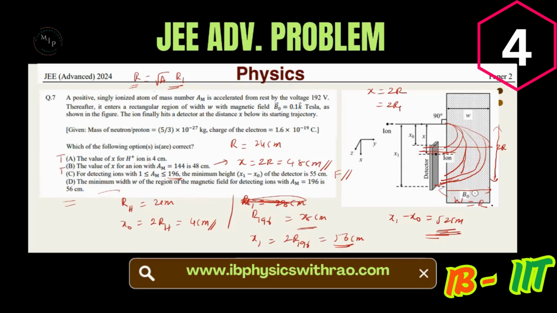See, if you have this width equal to 28 centimeter, that is more than sufficient. You need not have it equal to such a long one, which is 56 centimeter. He is saying that the width should be 56 centimeter, that's not required over here. So the minimum width required here is only 28 centimeter, and as a result, this is also false.